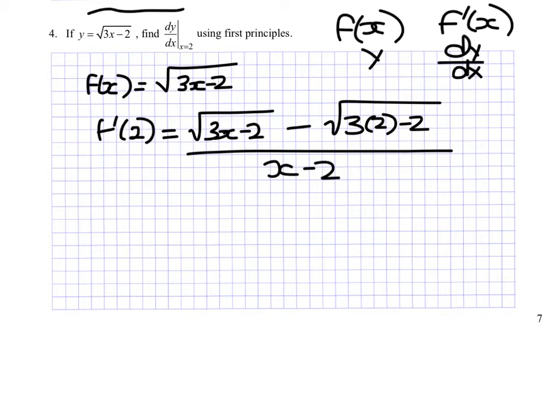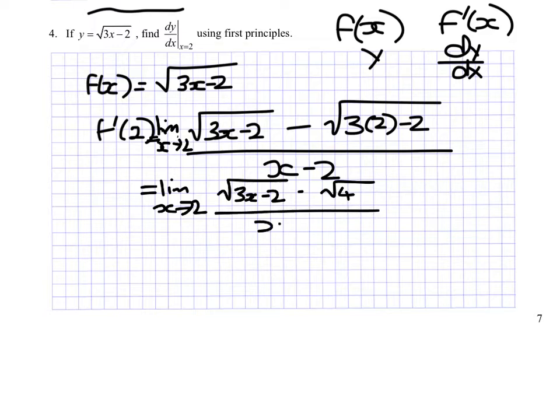Now, make sure you always put the limit as x approaches 2 of that. So that equals the limit as x approaches 2 of the square root of 3x take 2, take the square root of 6 take 2, which is 4, over x take 2.